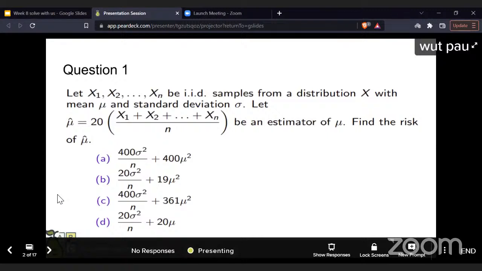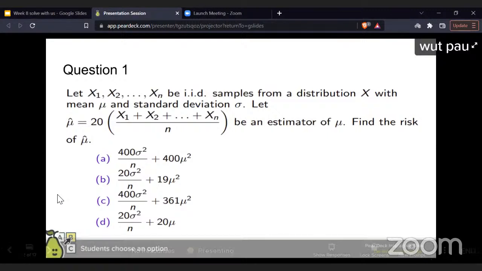So this is our first question. The question says, let x1, x2, ..., xn be IID samples from a distribution X with mean mu and standard deviation sigma. So what it means is you have IID samples coming from distribution X, and the distribution X has mean mu and standard deviation sigma.